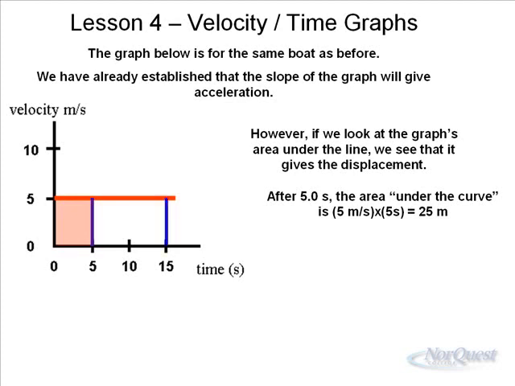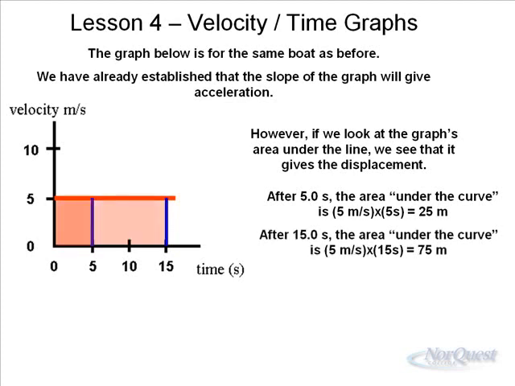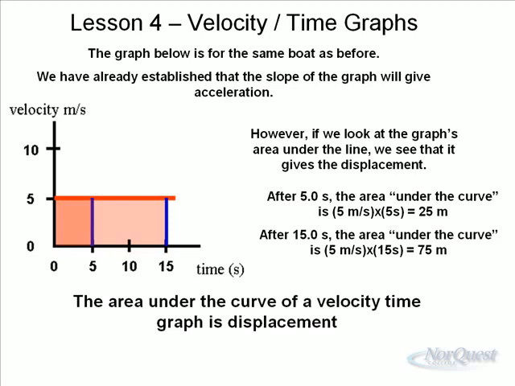And if we continue along that line for the next 10 seconds, from 5 to 15, the total area from 0 up to 15 seconds is 5 meters per second times 15 seconds, a total of 75 meters. And of course the area under the curve of a velocity time graph is displacement.